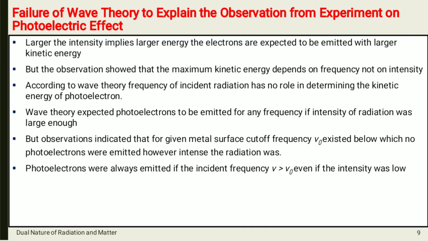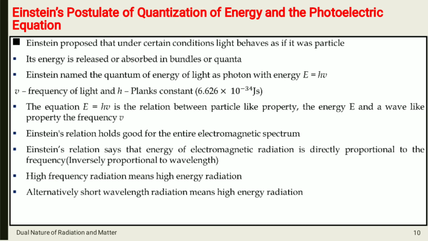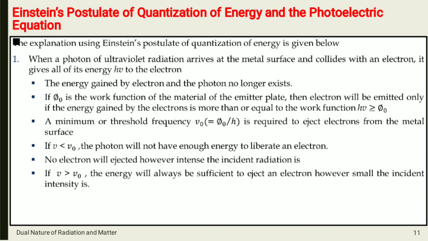If work function means if energy is less, that is if we are providing minimum energy, then there will not be any emission of electron from the metal surface. Work function is what?